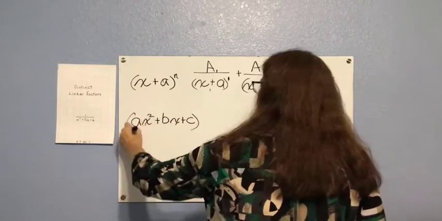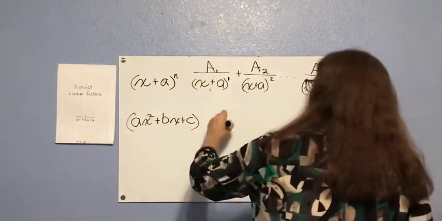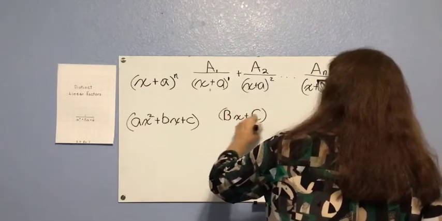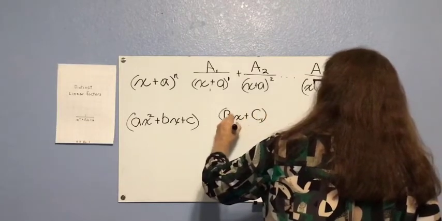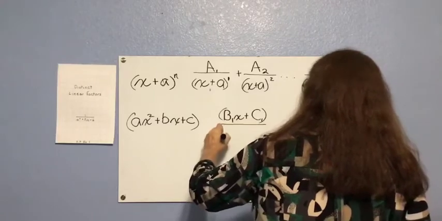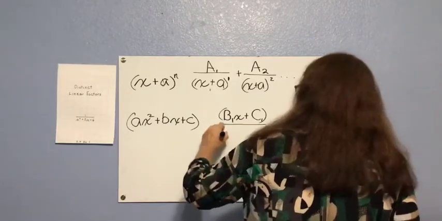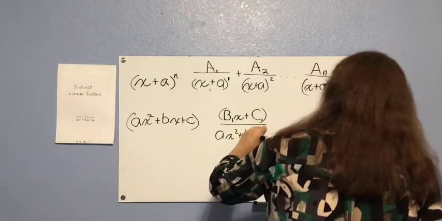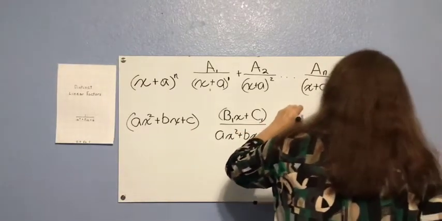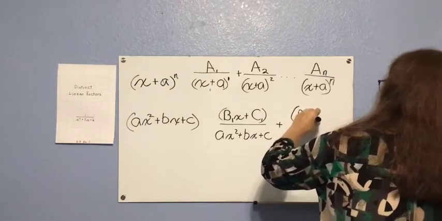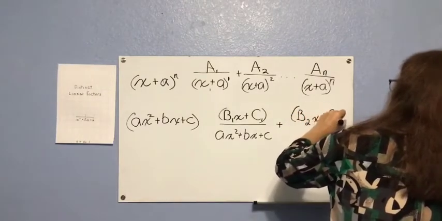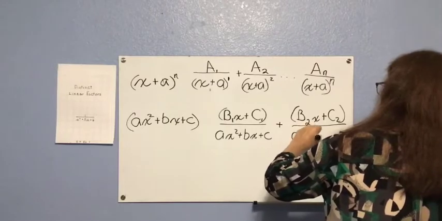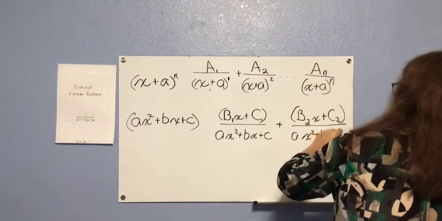If this is one of my factors, I'm going to need a fraction that is B1 x plus C1 over the whole thing, ax squared plus bx plus c, plus some other B2 x plus C2 over ax squared plus bx plus c squared.